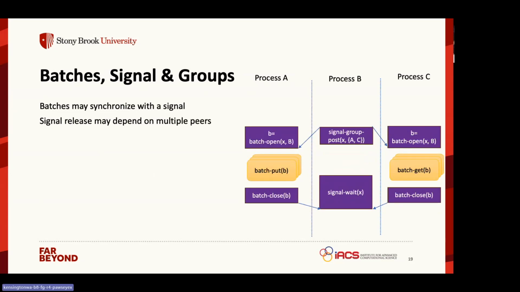So we can have multiple processes synchronizing on the same signal. Now process A and process C will open a batch that synchronizes with signal X on process B. And they do the operations, close their batches, and the signal wait in the middle there will wait for both A and C to complete the operation.